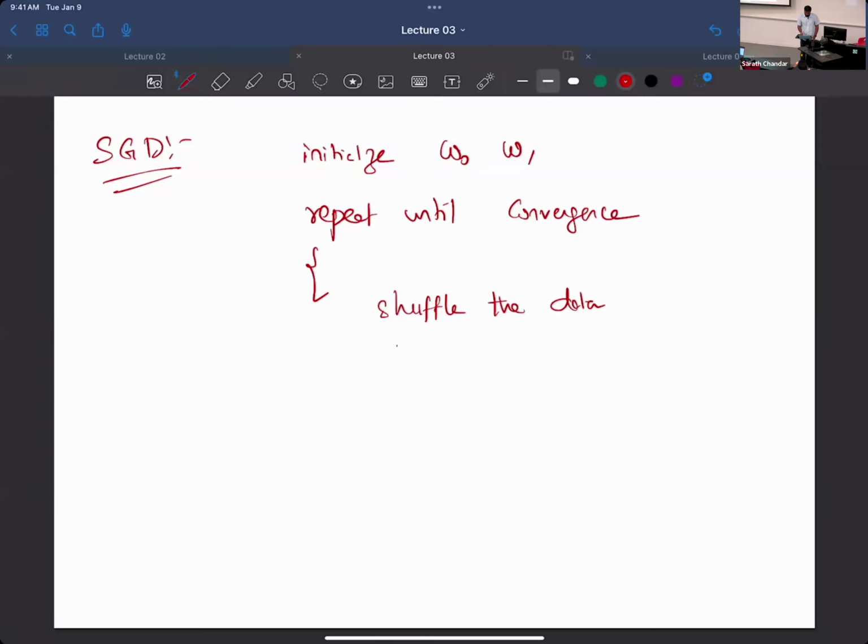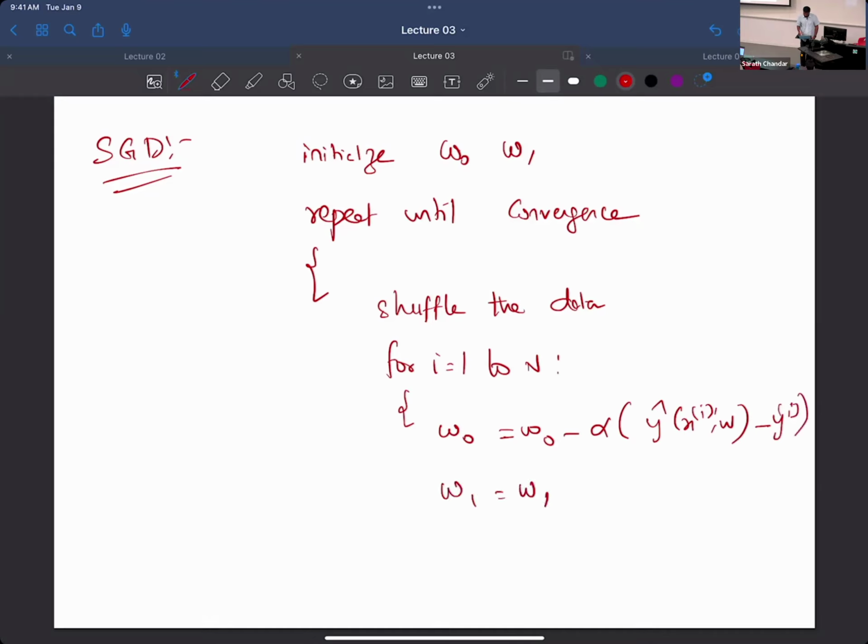Then, for i equal to 1 to n, I'm going to do W0 is equal to W0 minus alpha times the gradient, which is y hat of xi given W minus yi. W1 is equal to W1 minus alpha times y hat minus yi times xi.